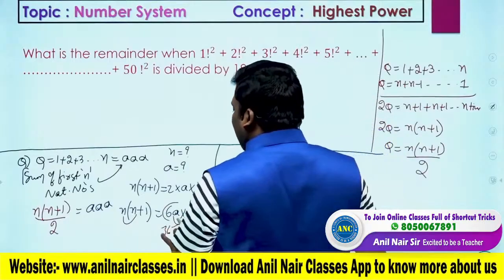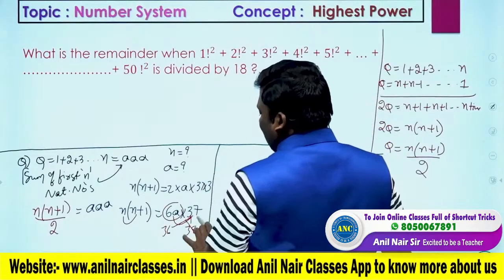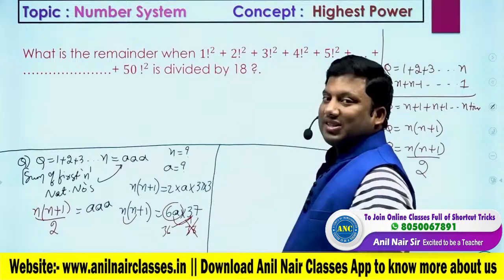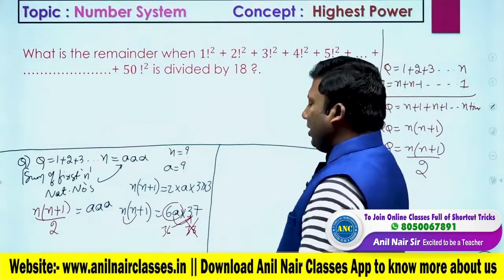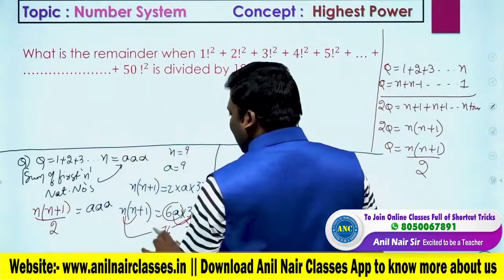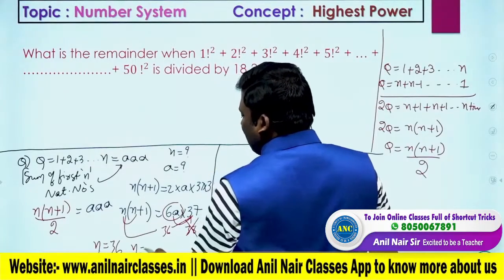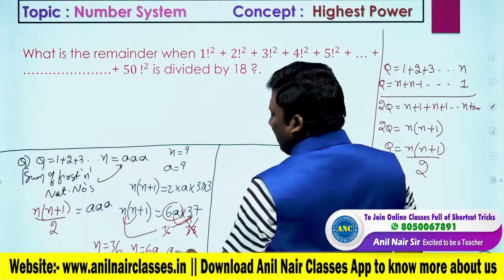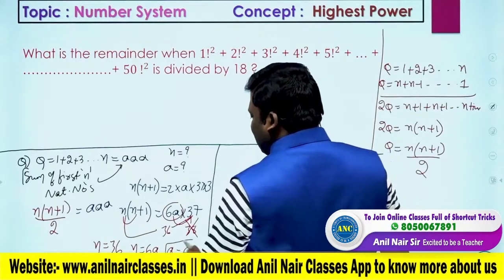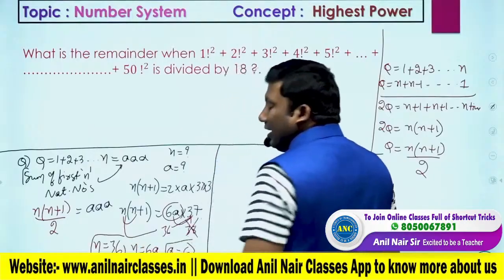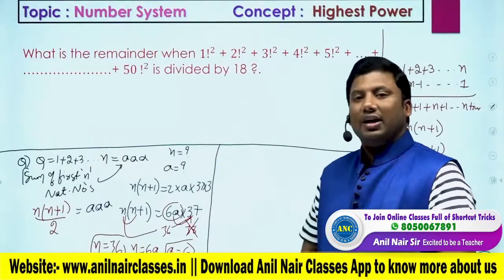And 6A is a multiple of 6, so 38 is not a multiple of 6. Over. So n value is 36. n is 6A, so A value will be 6. n is 36 and A value 6.